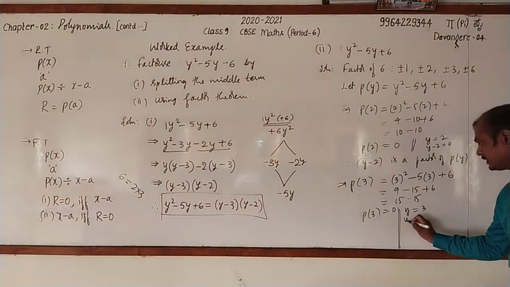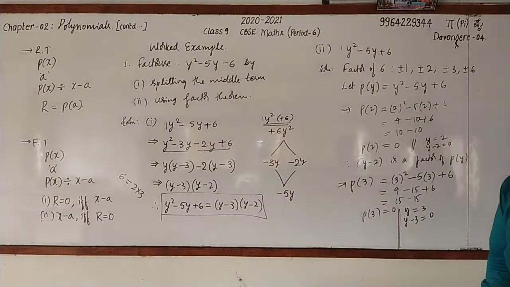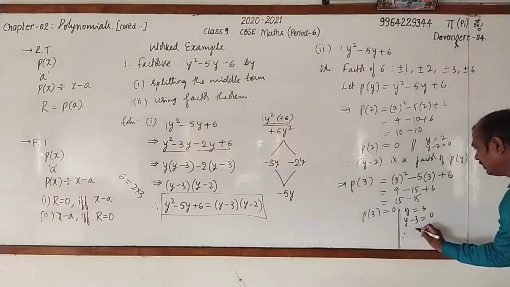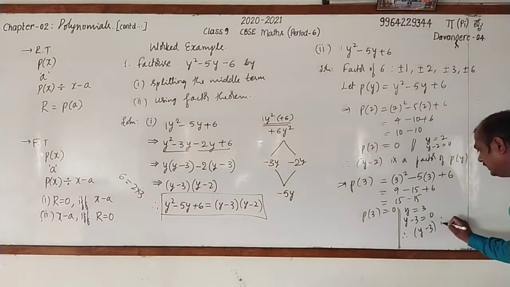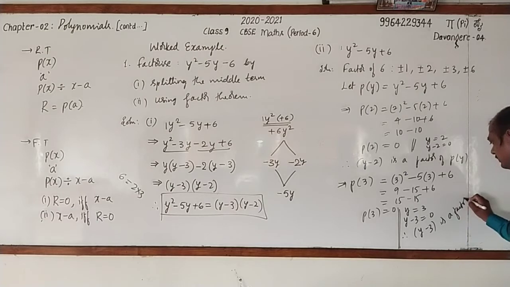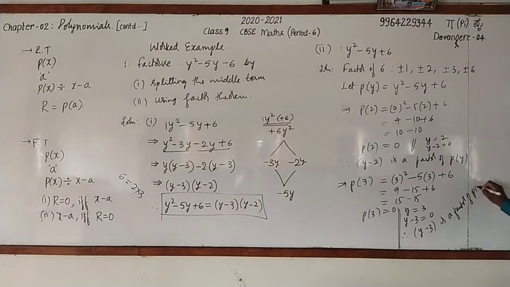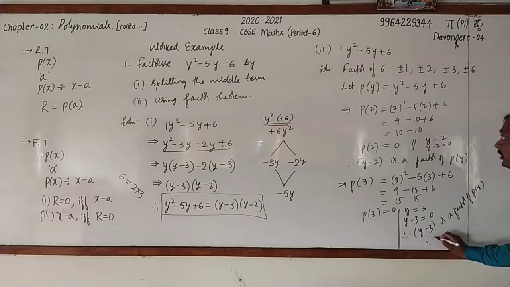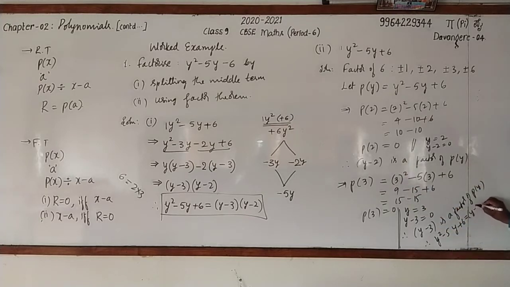Then take that to the left hand side. y minus 3 equal to 0. Therefore, y minus 3 is a factor of p of y. Hence, we can write y square minus 5y plus 6 is equal to y minus 2 into y minus 3.